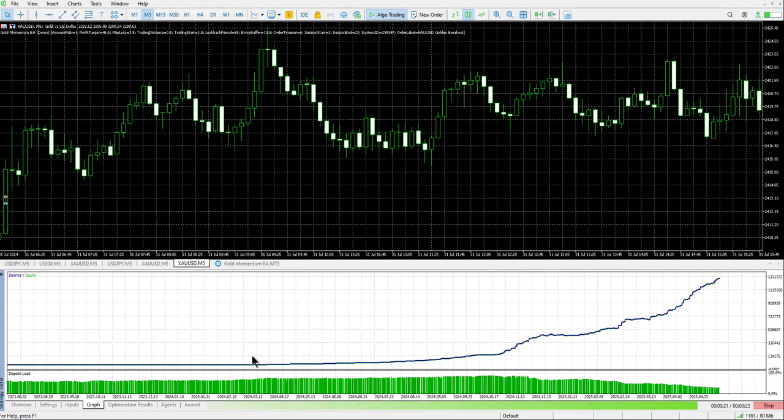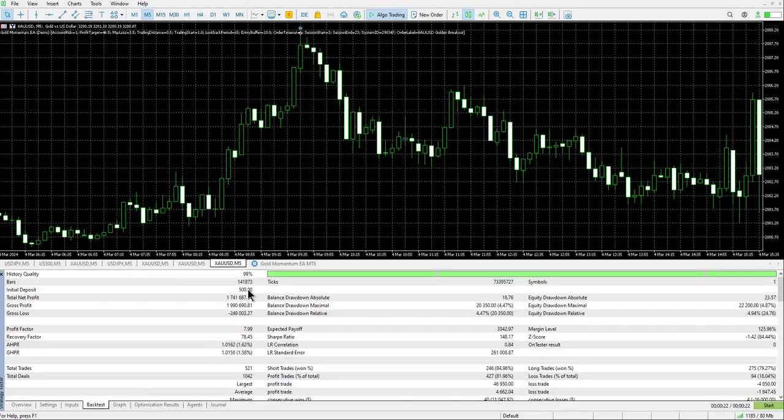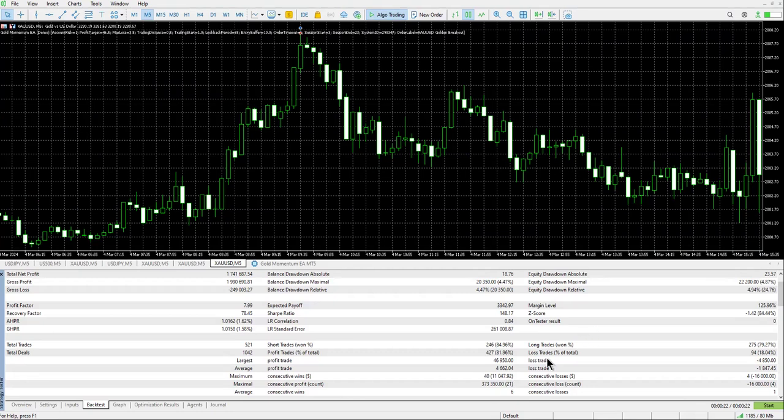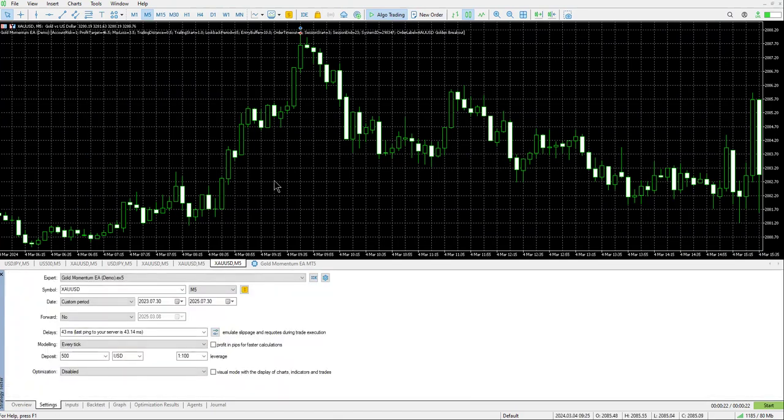I don't think you could get a better graph than this, to be honest, right? Backtest still the same, right? Drawdown went from 1% to 4%. Not a big deal at all. Win rate still around 80%. So overall good. Consecutive losses, 4. Consecutive wins, 40. All right. So pretty decent EA. So that's the backtest.